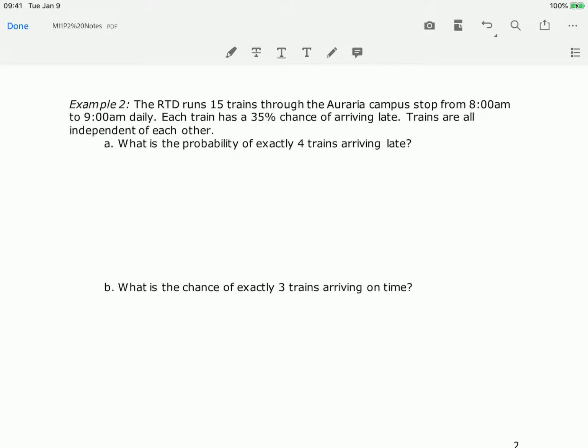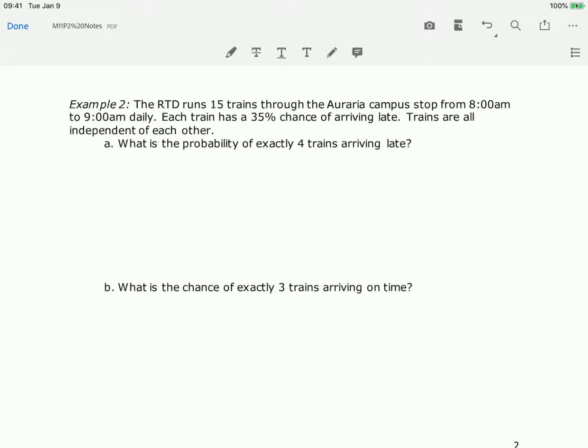GeoGebra is great because it allows you to see the graph that is being used to calculate these probabilities. It's very visual. Then I'm going to post a subsequent calculator tutorial video on how to calculate all of these probabilities in your calculator.